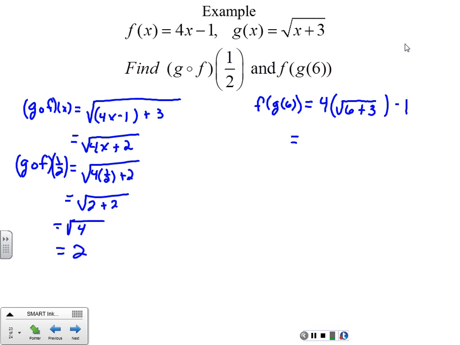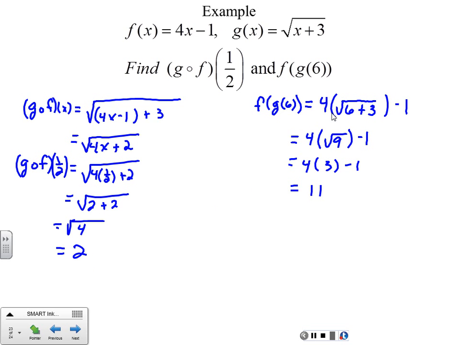So if you want to go this route, you can. Okay? So whichever way is easier for you. If you want to do the composition and then substitute in the numerical value, that's fine.